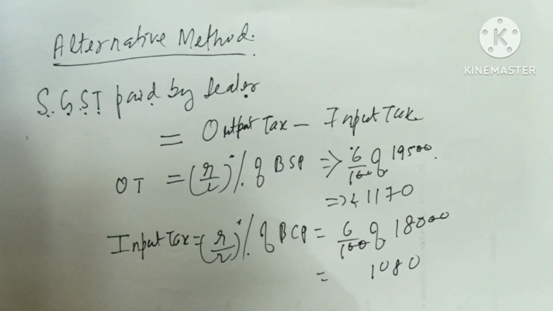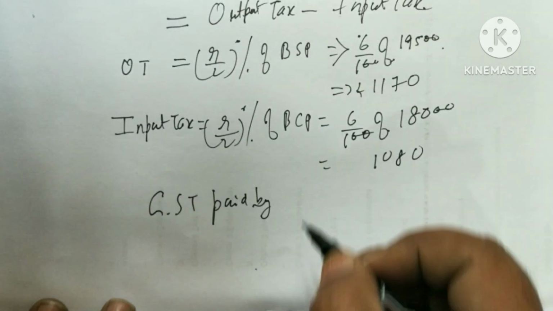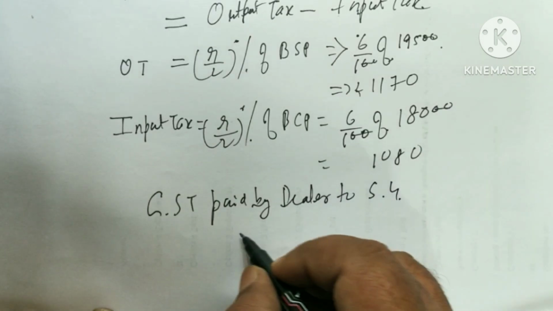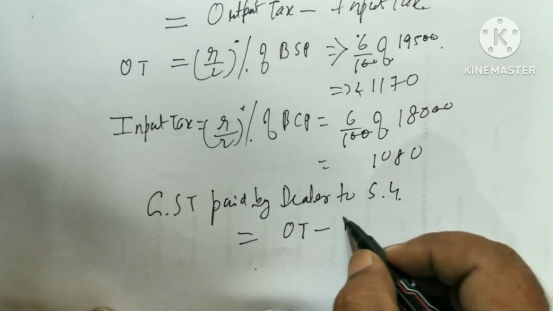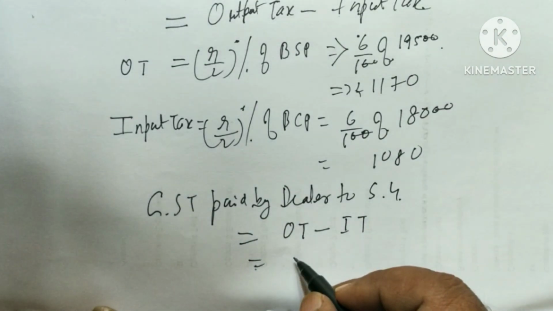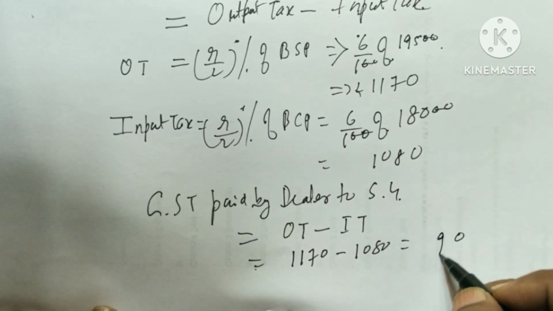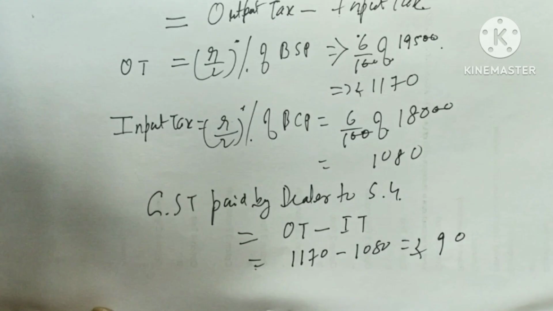And finally, the GST paid by the dealer to the state government is output tax minus input tax, which is 1170 minus 1080, rupees 90. So this is another method. The first method is better, but the first method can be used only if the rate of GST is the same while buying and while selling.